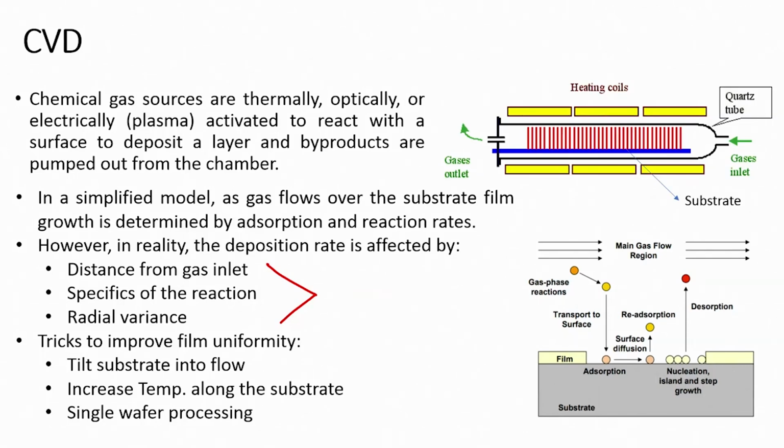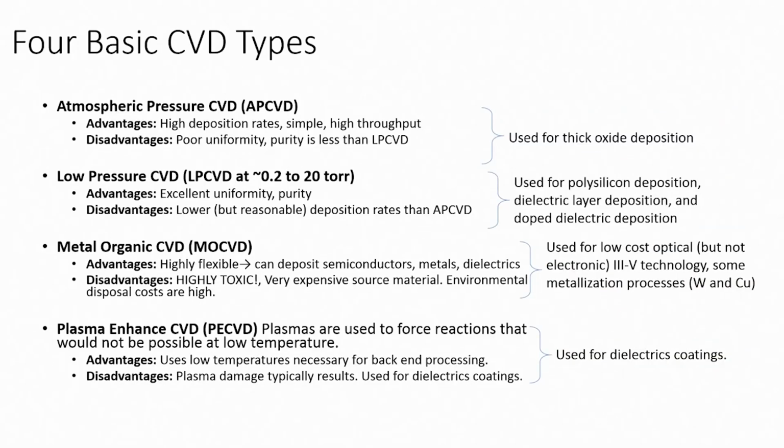How to improve the uniformity then? You can tilt the substrate into the flow. Instead of placing the substrate flat, we have placed it in this tilted position. We can also increase temperature along the substrate and use single wafer processing. These are tricks to improve the uniformity of the film.